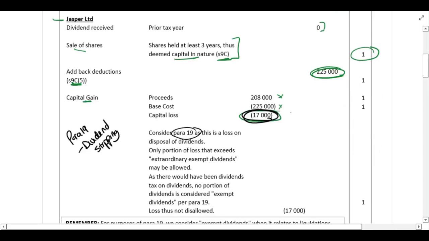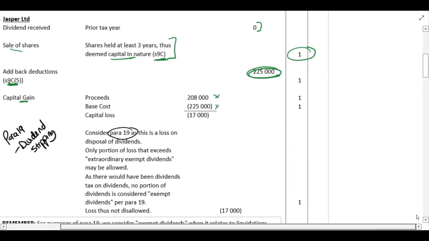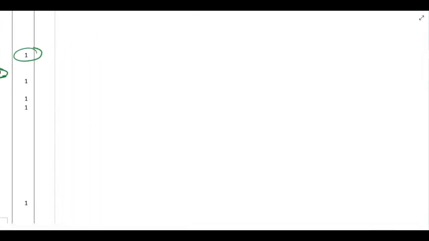So what we want to do is put that loss into our CGT column like this so that we can use it against capital gains. The amount of the loss that you are allowed to claim is the amount which exceeds, okay, and I'm just going to write it quickly here. Paragraph 19.